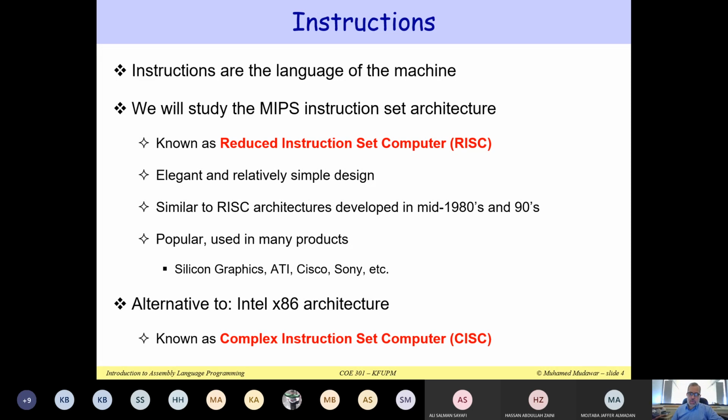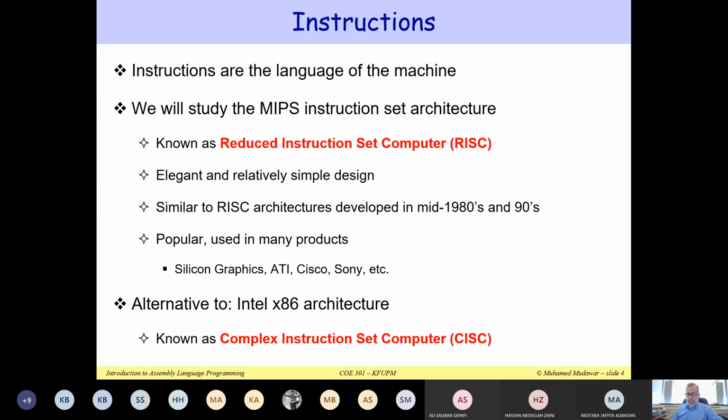So in this course, we are going to focus on the MIPS instruction set architecture, and it is known as a reduced instruction set computer. The abbreviation is RISC. The alternative is a complex instruction set computer. An example of a complex instruction set computer is the Intel architecture.